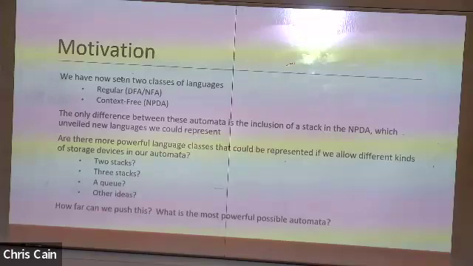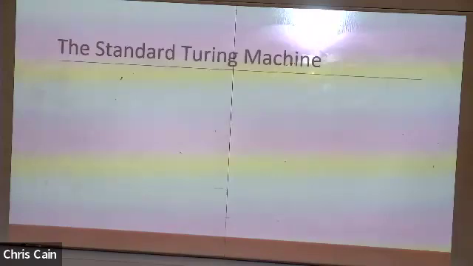It turns out the answer is relatively simple, and it's kind of the first really shocking thing about this class, I find, is that something that is so simple can emulate any modern program. You write a program in Java or in Python or in C#, and this state machine can emulate the program that you write with just its rules. So let's talk about the standard Turing machine.